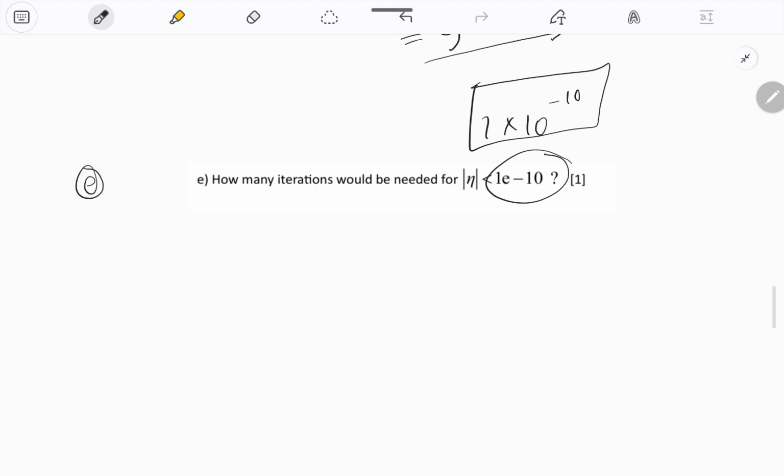There is just a formula, it's plug and play. It's a long formula. Some people use ln, other people use log, but let me just find the number of iterations.